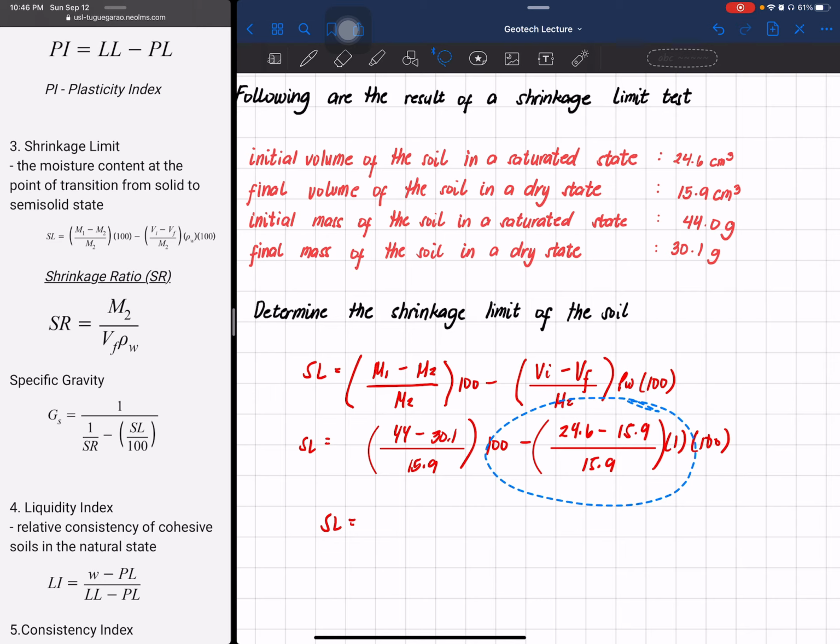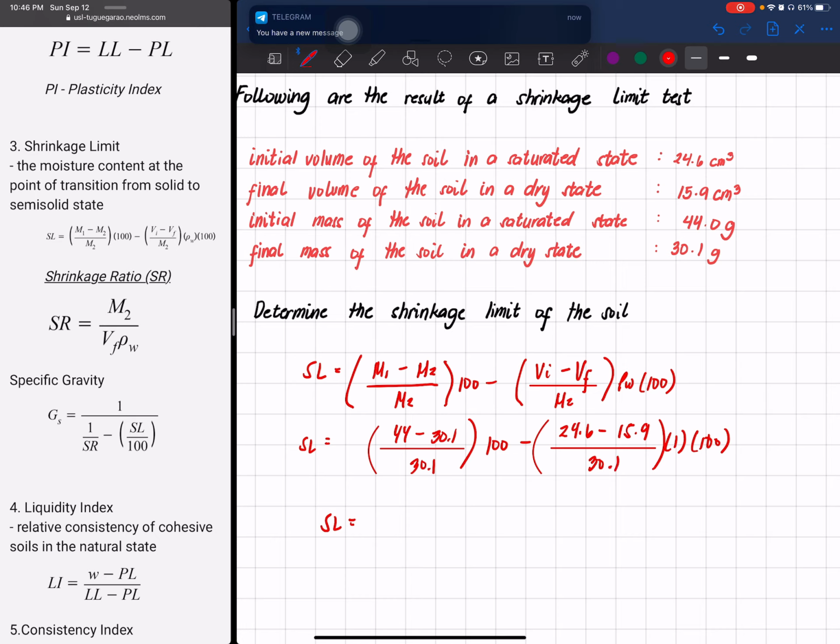So, tama na ba? 44 initial mass, final mass 30.1. Okay. And then I'm gonna change this pala. So this should be 30.1 there. So 44 minus 30.1 over 30.1 times 100 minus 24.6 minus 15.9 all over 30.1 multiplied by 100.